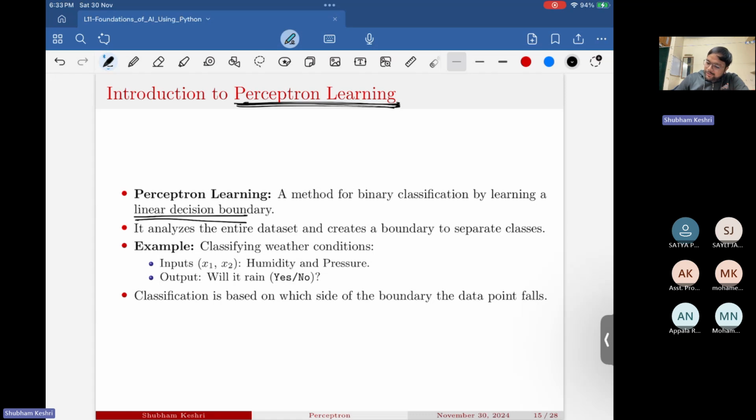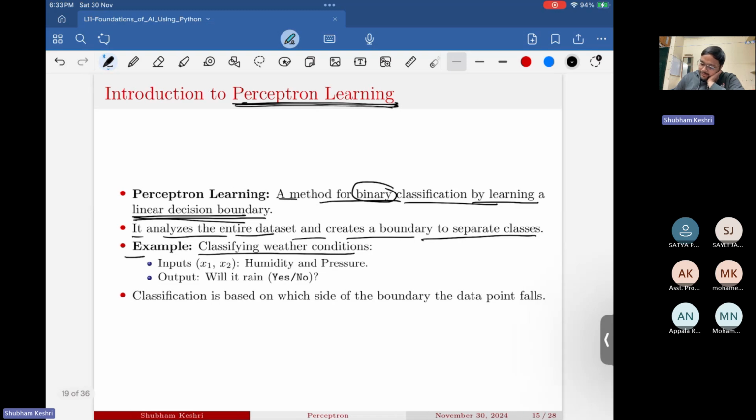So what is perceptron learning? A method of binary classification. So it is a binary classification, two categories, by learning a linear decision boundary. So it draws a line that demarcates the area of the two labels in classification algorithms. It analyzes the entire data set and creates a boundary to separate the classes. For example, classifying weather conditions.